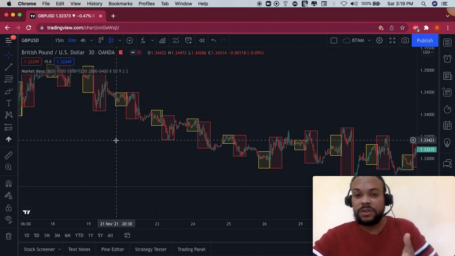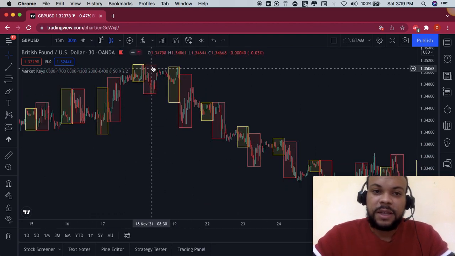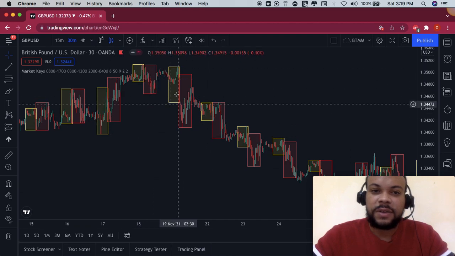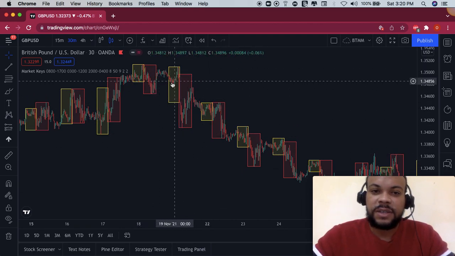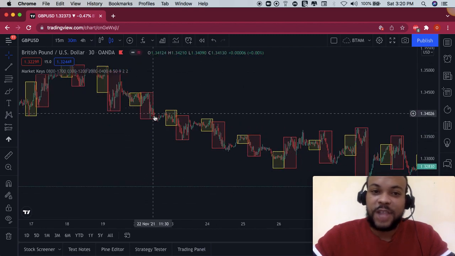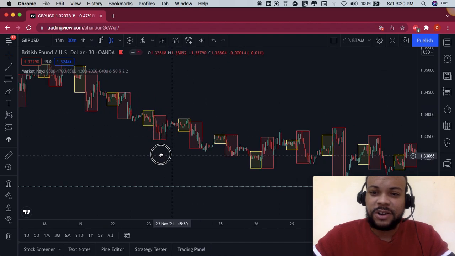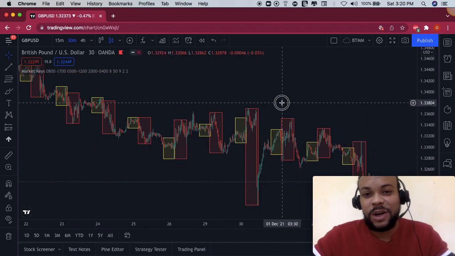It moves the most. If you look at the length of these boxes, I mean, look at this. The boxes are always longer. London session, this is the Asian session, so it's longer. Again, London session, Asian session, always longer. London session, longer.